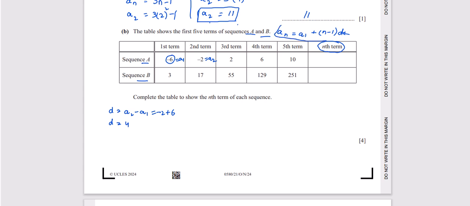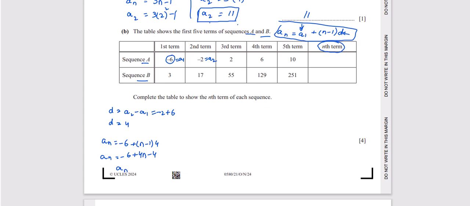This one is the nth term formula. So an means nth term. A1 is equal to minus 6 plus n minus 1, D is equal to 4. Multiply 4 in this bracket. An is equal to minus 6 plus 4n minus 4.